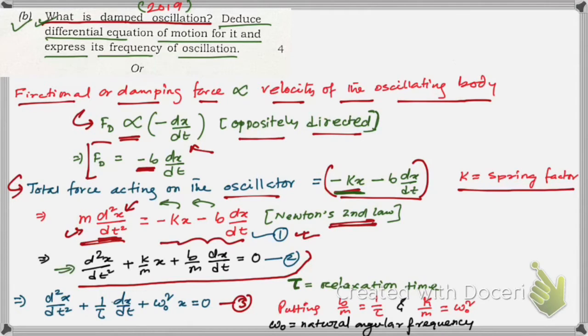Now consider b by m as 1 by tau, where tau is the relaxation time, and k by m is omega naught square, right? Omega naught represents the natural angular frequency.